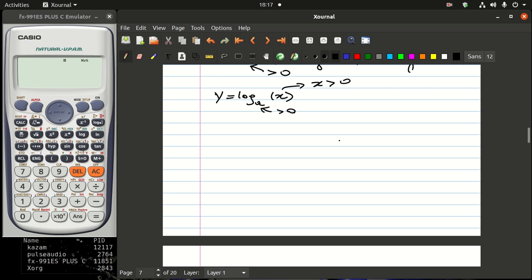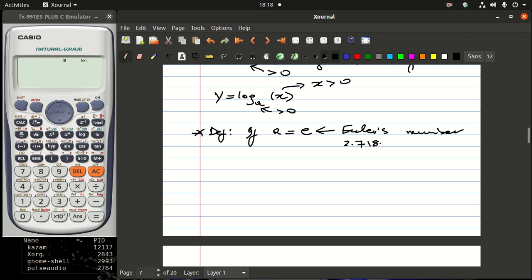Now that we talked about this particular function, which is a logarithmic function, what are the rules of this function? Before we talk about the rules, I want to also introduce another definition here. If the base a is equal to e, where e is Euler's number or Napier's constant, which is approximately 2.718 and so on.